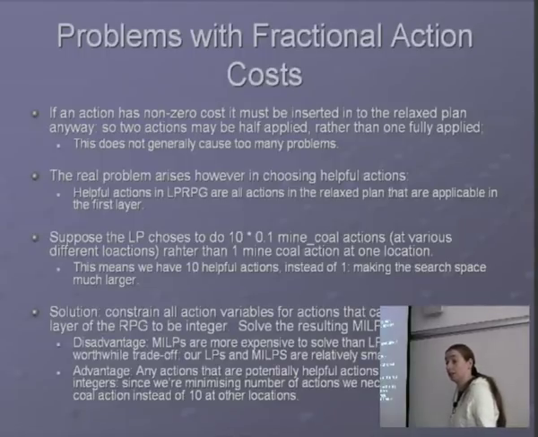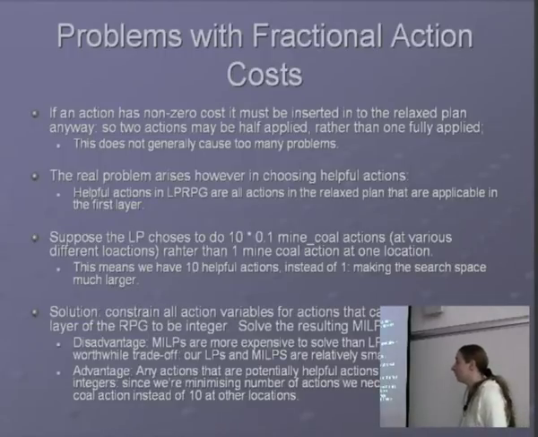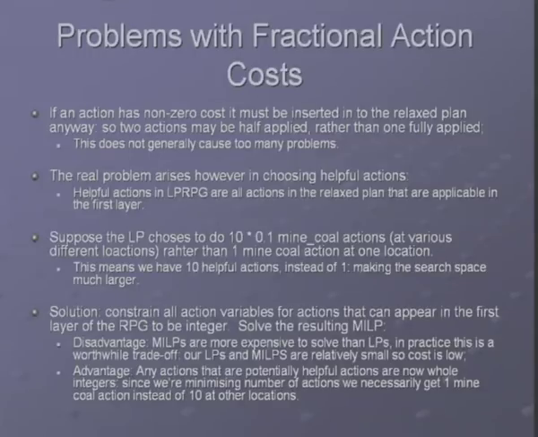You've told it to minimise the number of actions. Well, actually, the sum of the action variables, the sum of 10 0.1s is the same as the sum of 1, so it's no different to it. So this causes a problem. We have 10 helpful actions now. We have mine coal at A, mine coal at B, mine coal at C, and that's blowing up our search space a lot. So we really want to deal with that.